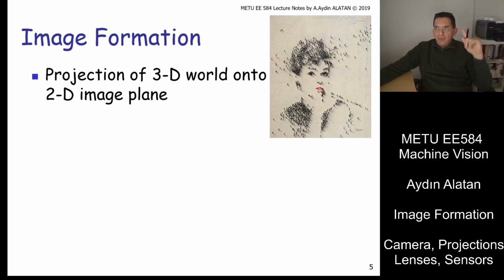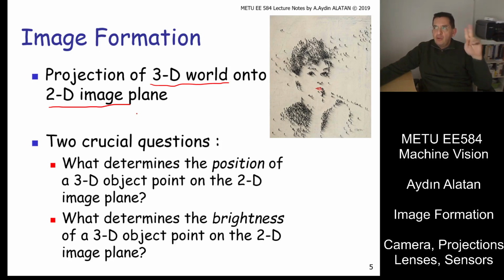Okay, the first thing is there is a 3D world that we are interested in, and during image formation, it maps onto the 2D image plane, and there are two crucial questions in our minds. First, position: the position of the 3D object, where will it be on the image plane?